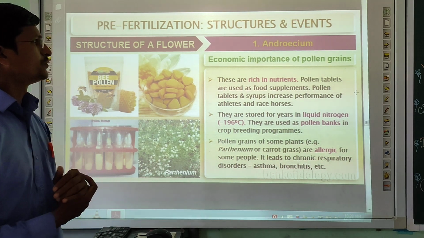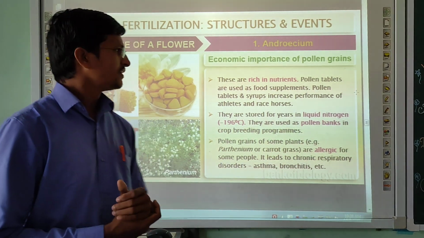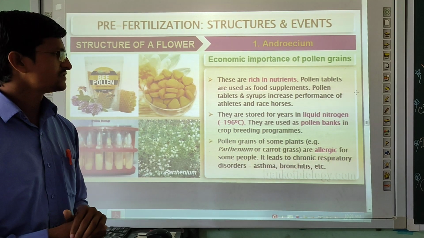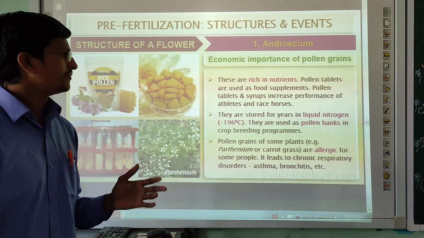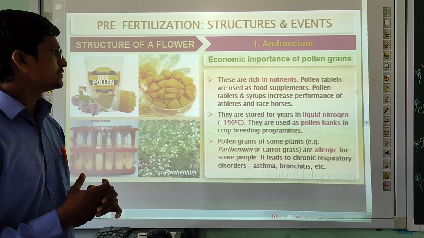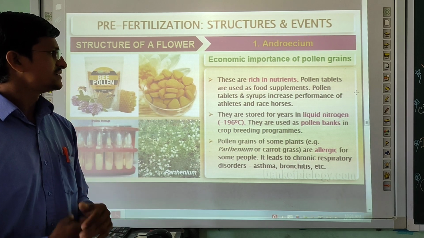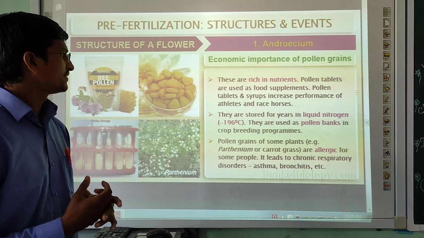Now, the economic importance of pollen grains. They are rich in nutrients, and pollen tablets are used as food supplements. Pollen tablets and syrups increase the performance of athletes.